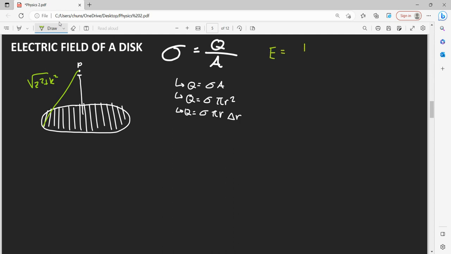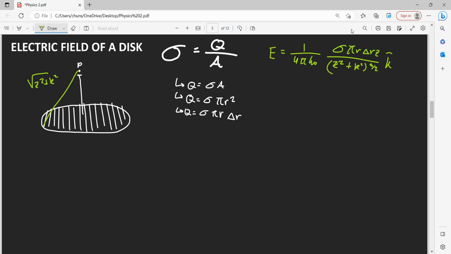I'm going to go a little quicker through this one since you guys are already kind of used to how we did it. I'm going to plug this in for our q, and that's over z squared plus r squared to the power of 3 over 2, in the k direction.